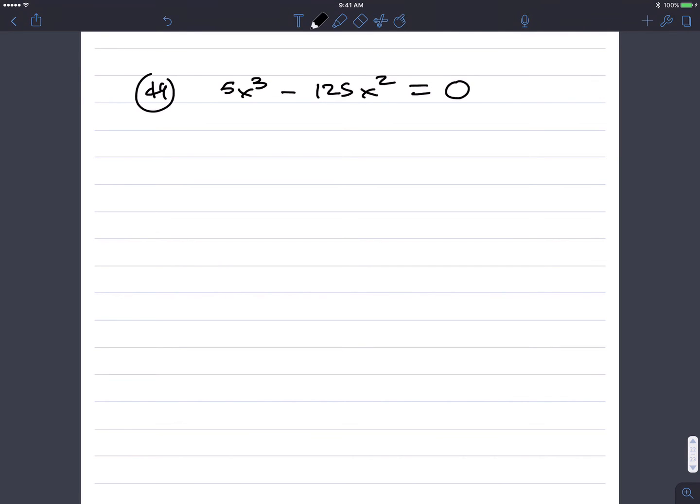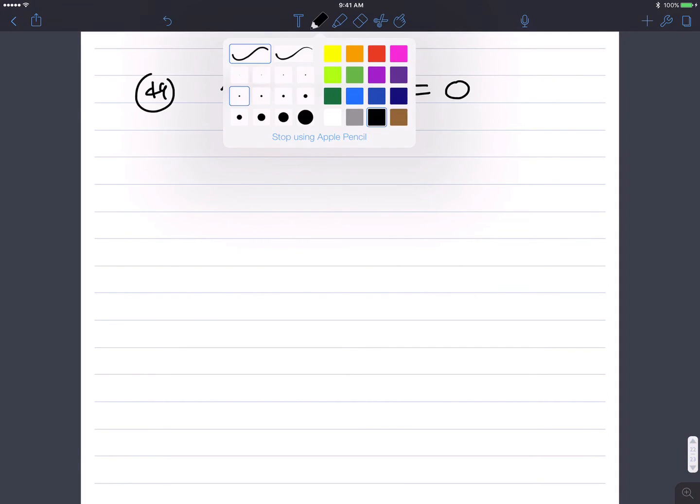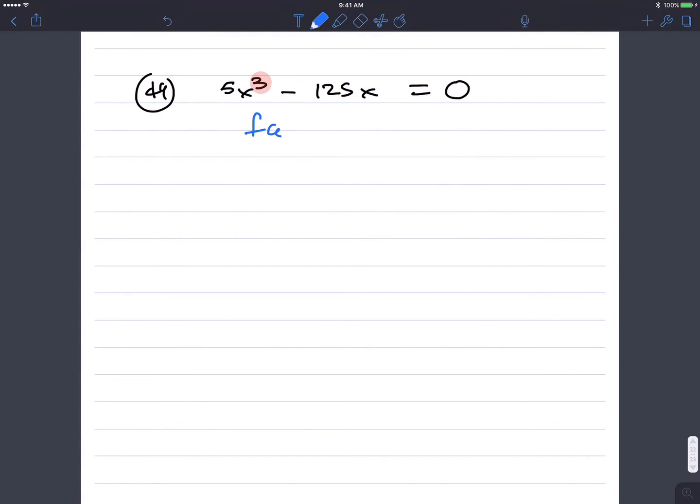Again, higher order, because we notice that the power here is 3. So we're going to have to factor again completely.